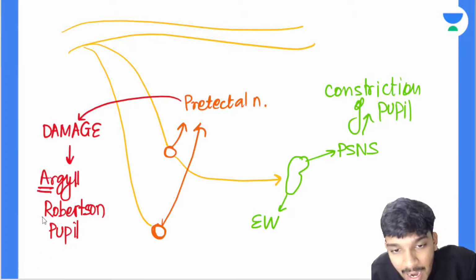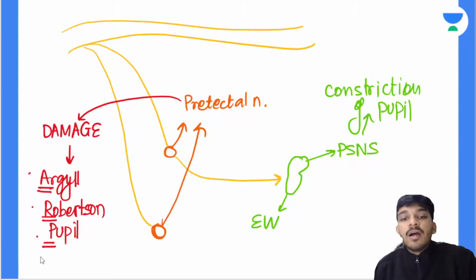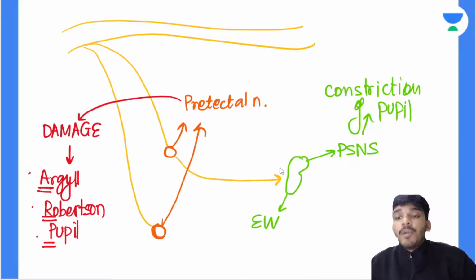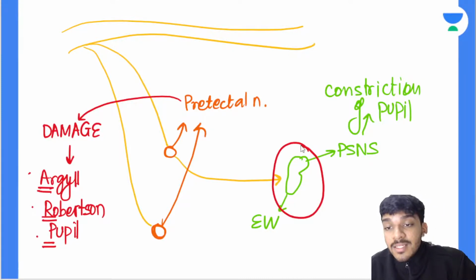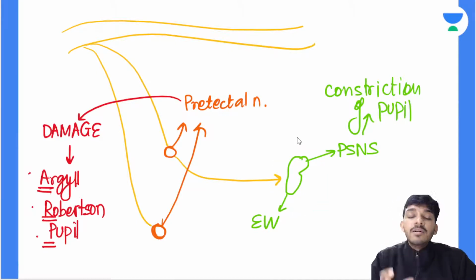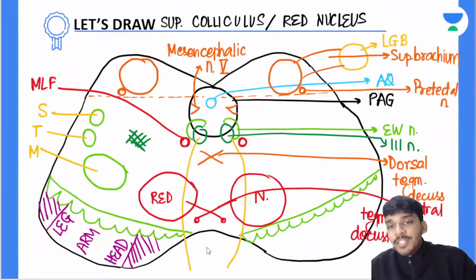So ARP: accommodation reflex preserved. But the light reflex is lost. Why? Because the pretectal nucleus is damaged. Why is the accommodation reflex preserved? Because the Edinger-Westphal nucleus is still intact and the accommodation reflex is not mediated by the pretectal nucleus. Very important as a neuroanatomy clinical correlate. So I might also mention it there.